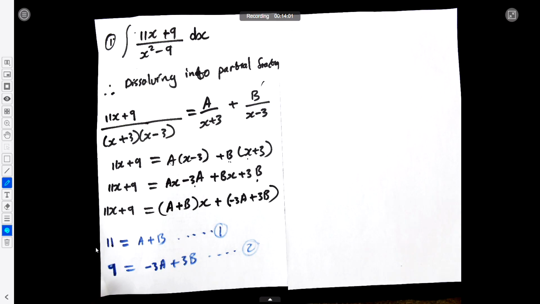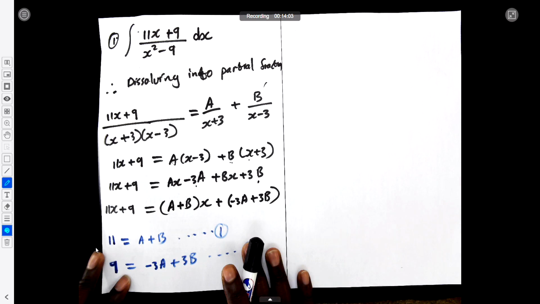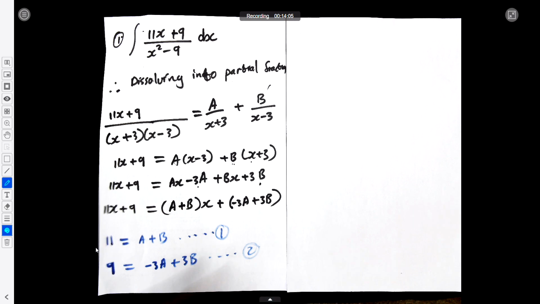If we want to utilize the elimination method, we must try and eliminate one variable, for an example. So how can we manage to eliminate either a or b? We must make sure that the first equation must be multiplied by 3. I hope you see, so that when we add the two equations, we can eliminate a, for an example.